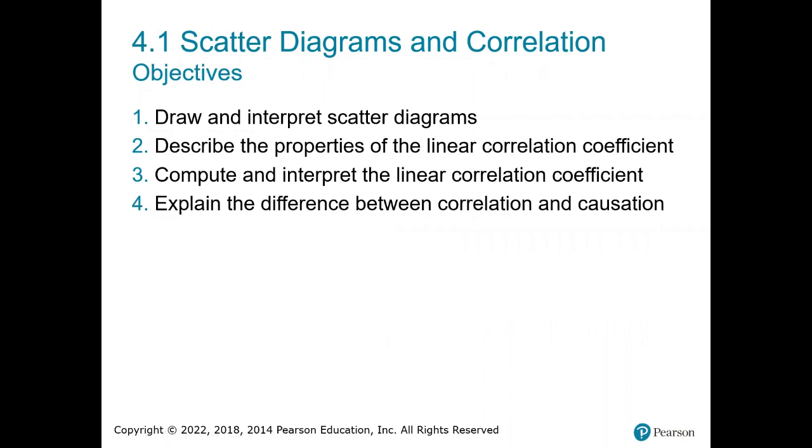Next, learning about the correlation coefficient. So what is it? And then how do we compute it? And then finally for this section is what is the difference between a correlation and a causation?